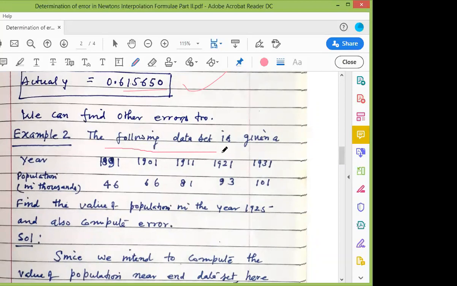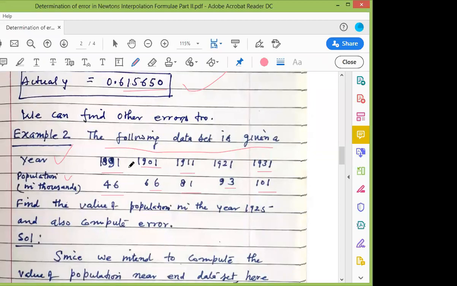The following data set is given as year and population in thousands. 1891 has 36,000 population corresponding to a city or region. We have the record of the population: 1901 is 66,000, 1911 is 81,000, 1921 is 93,000, and 1931 is 101,000.